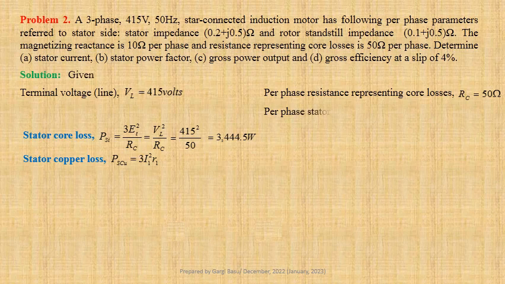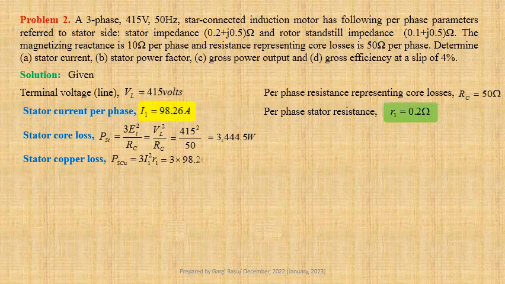Given per phase stator resistance R1 equals 0.2 ohm. We have computed stator current per phase I1 equals 98.26 ampere. Therefore, Ps copper equals 3 into 98.26 squared into 0.2, which is approximately 5793 watts.